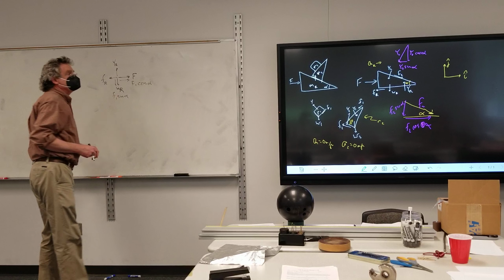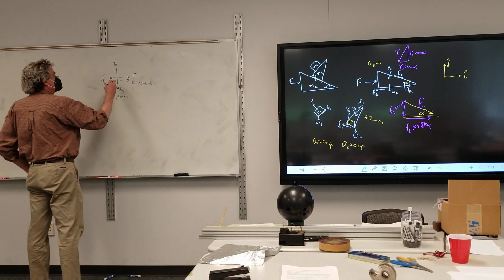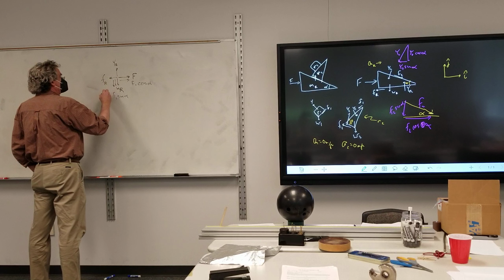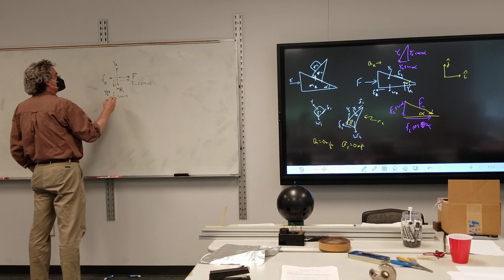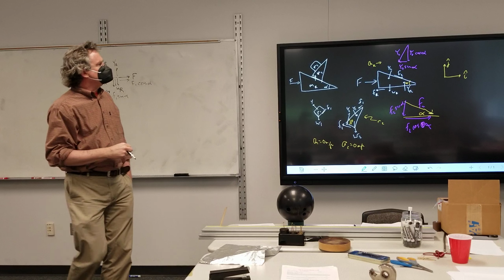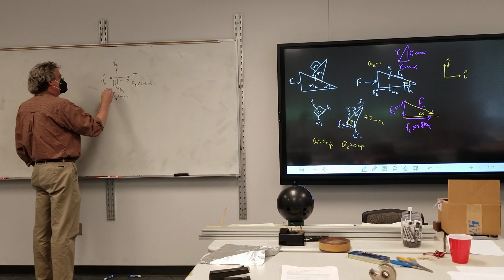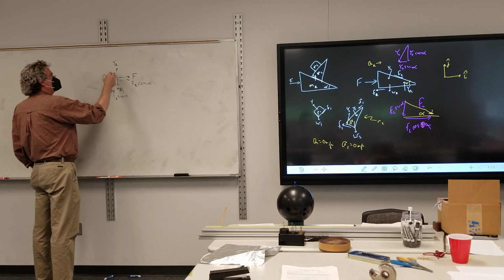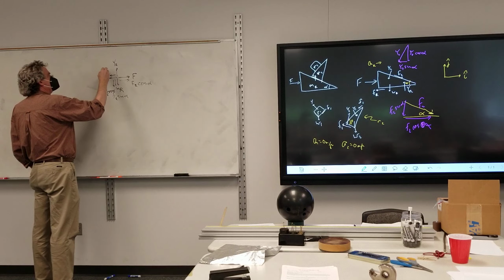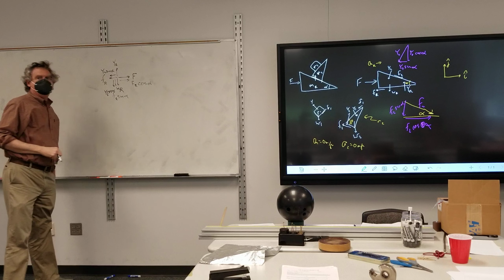And then normal force is down and to the left. So then I have y2, or F1 there, it's F1 or F2, it's F2. Which would be F2 cosine alpha down and y2 sine alpha to the left.